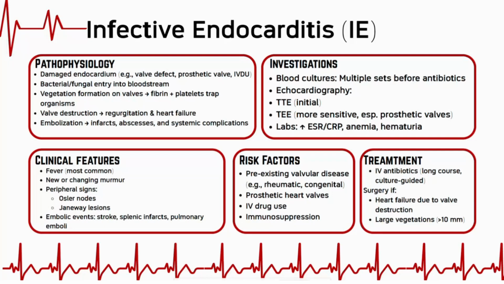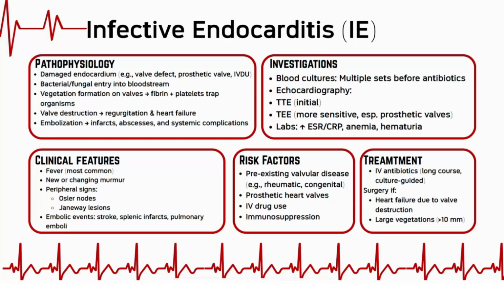That damaged area will promote fibrin and platelets to arrive, and it creates a prothrombotic region. And if that patient also has a systemic bacteremia or a bacterial infection in the bloodstream, fibrin plus platelet plus organism creates a vegetation.